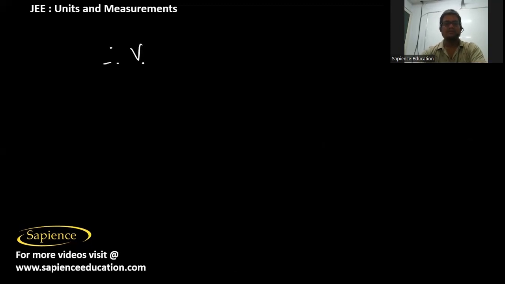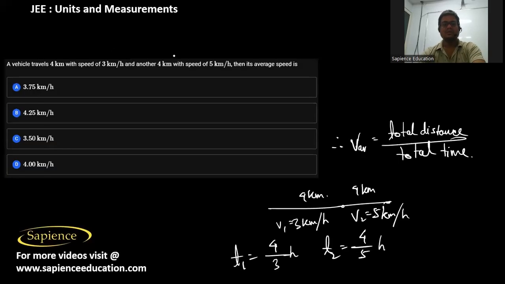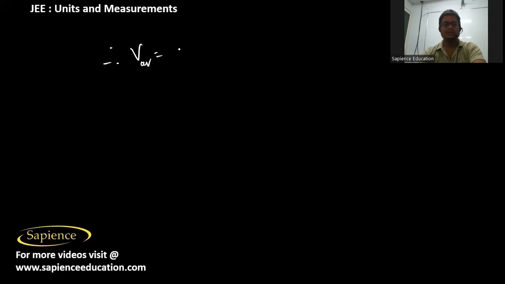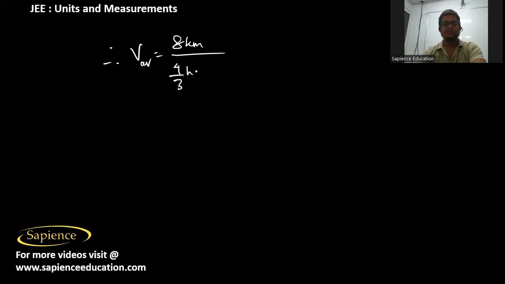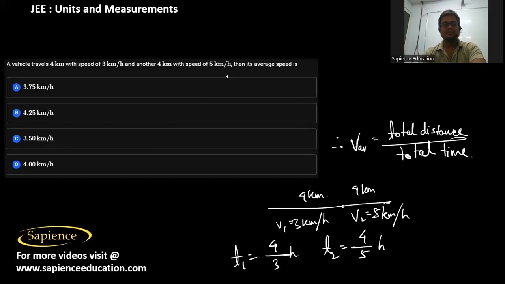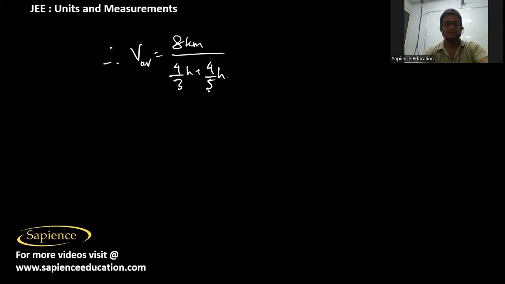Therefore the average speed will be equal to the total distance traveled, that is 8 kilometer, divided by 4 by 3 hours plus 4 by 5 hours. Therefore the average speed will be equal to 8 by 4 into 1 by 3 plus 1 by 5 kilometer per hour.